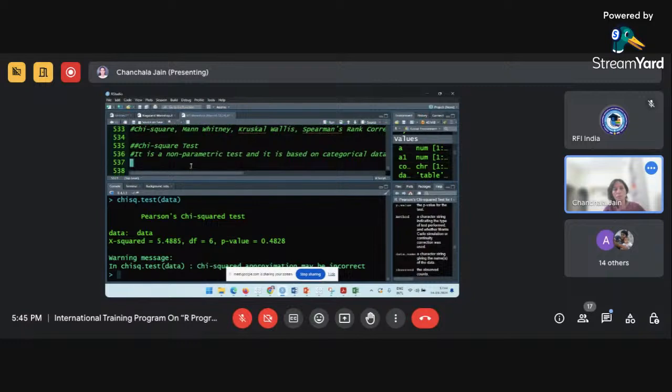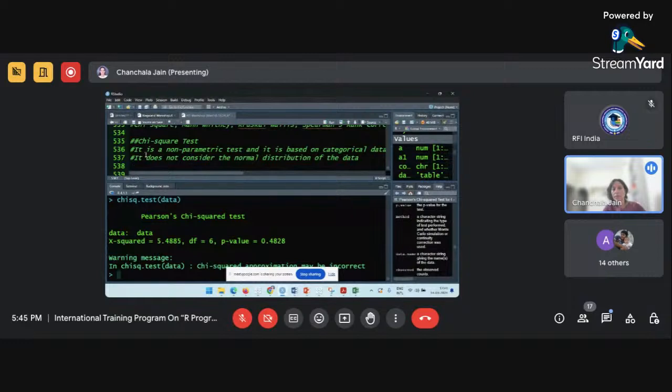Further, I can say it does not consider the normal distribution of the data. So this can be the basic thing which we need to know, right? Now you need to know the types.